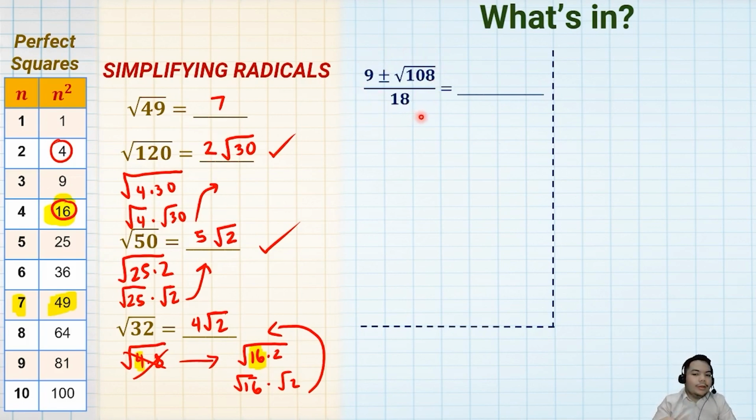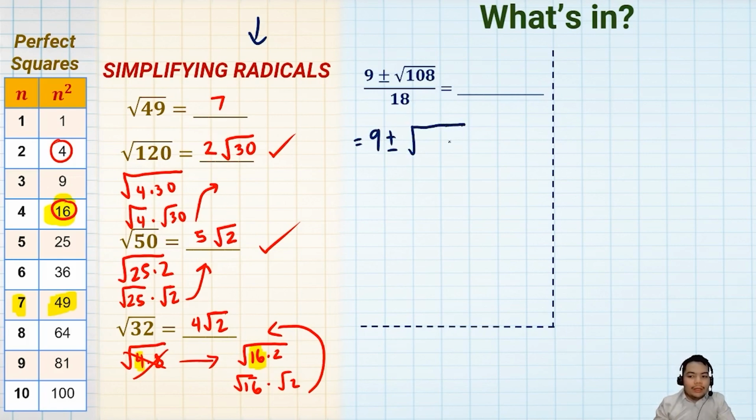So we will learn how to simplify these kinds of radicals. So first step, we have to simplify the one inside the radical sign. That's 108. So just like what we did here on this part, we'll try to get the simplified form of square root of 108 by getting a factor of 108 that is a perfect square.